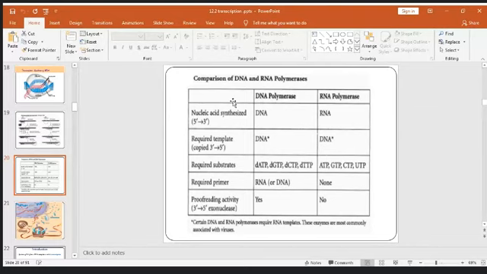Now, when you compare the enzymes DNA and RNA polymerases, nucleotides are synthesized in both conditions from 5' to 3'.